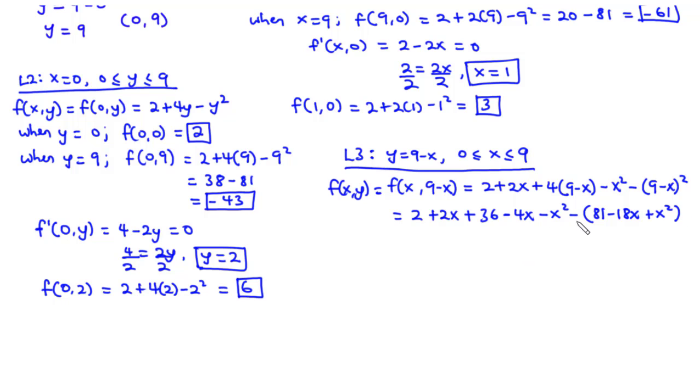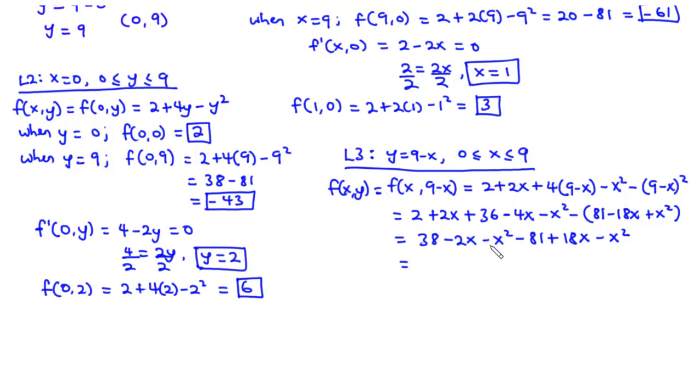So we multiply negative 1 across. We are going to have 38 minus 2x minus x squared minus 81 plus 18x and then minus x squared.